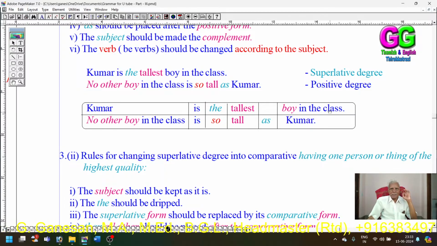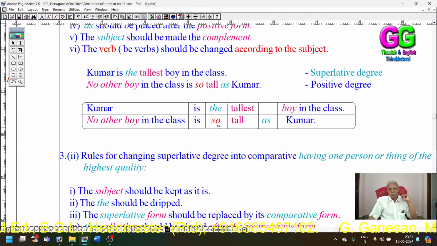So boy in the class: no other boy in the class. Boy in the class is the complement. Before boy, add no other. Boy in the class is the subject. Then the verb: Kumar is singular, no other boy is also singular, so no change in verb. Then the superlative scale has been replaced by the positive scale.